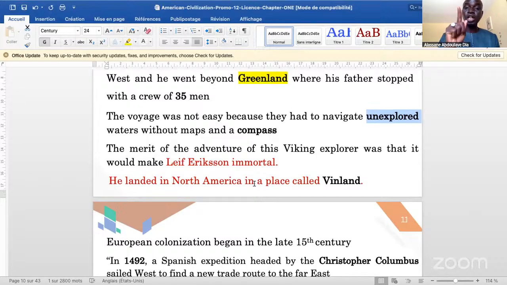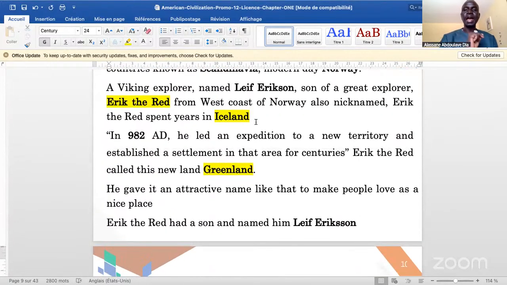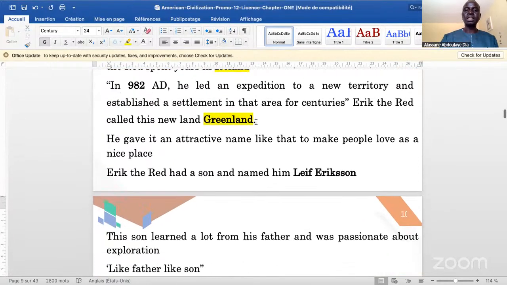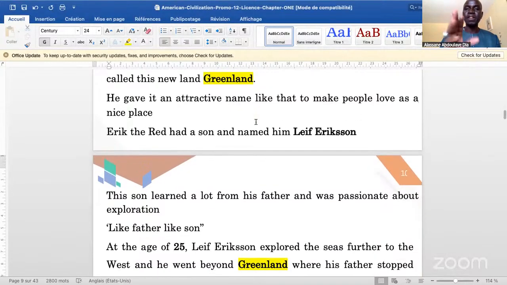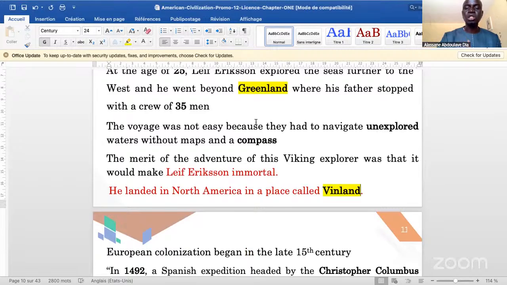He arrived in North America in a place called Vinland, class. Now his son arrived at Vinland. Look, the father started at Iceland. The father arrived in Greenland and gave it a nice name to attract people. And the challenge of his son, Leif Erikson, is to go beyond where his father stopped.